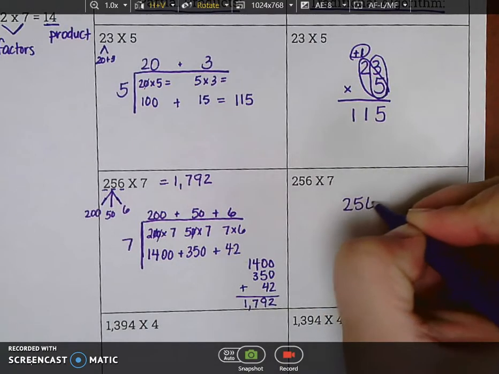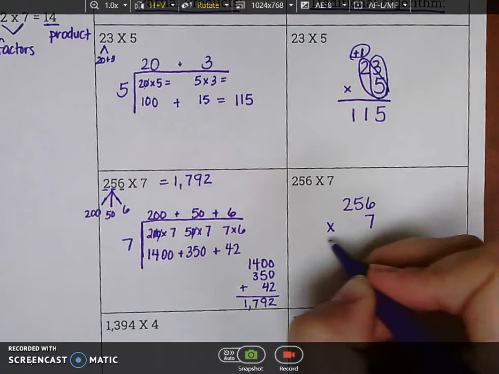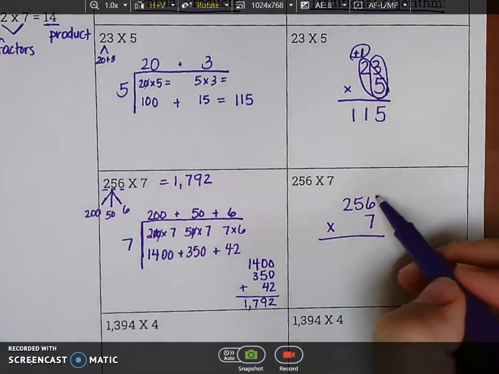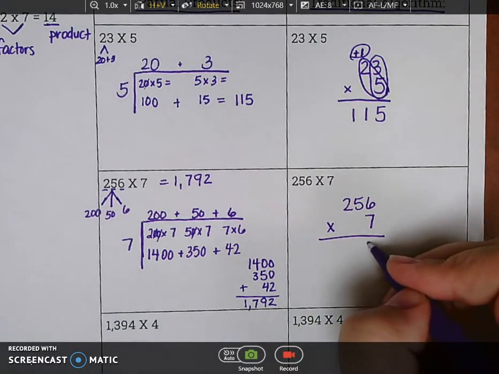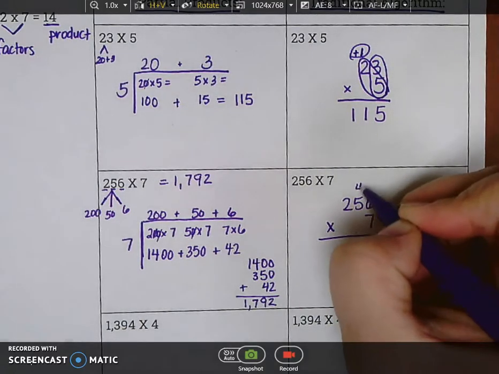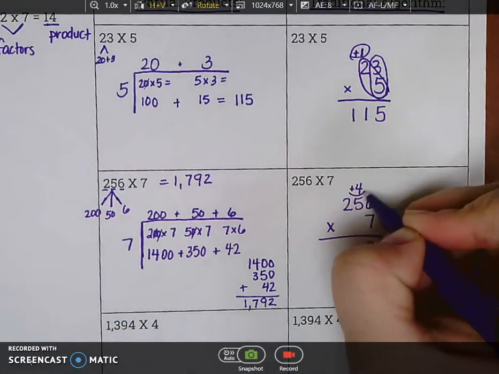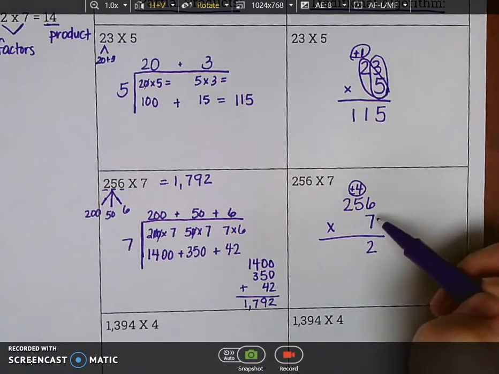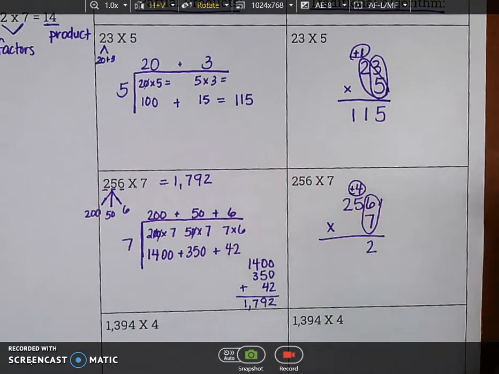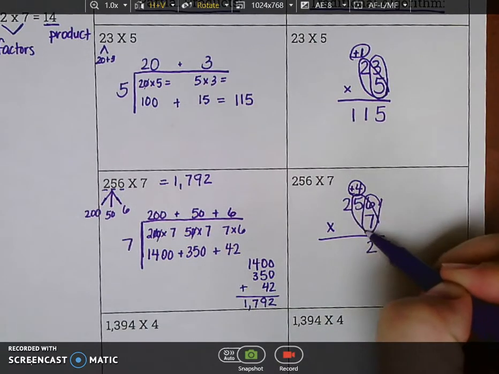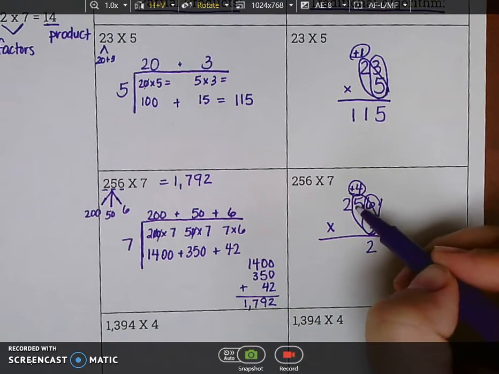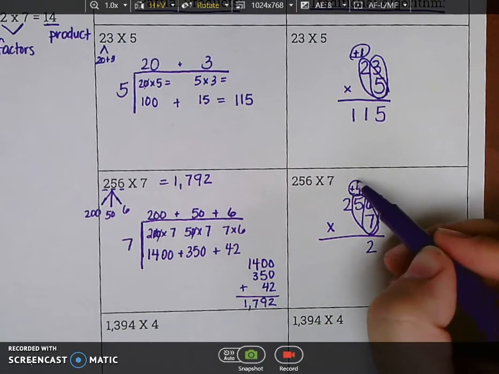So 256 times 7, we're going to stack them. 6 times 7 is 42. So we put the 2 down and we carry the 4. Remember, we're adding that 4 back on. So we did 6 times 7 first. Now we're going to do 7 times 5. 7 times 5 is 35, plus 4 would be 39.